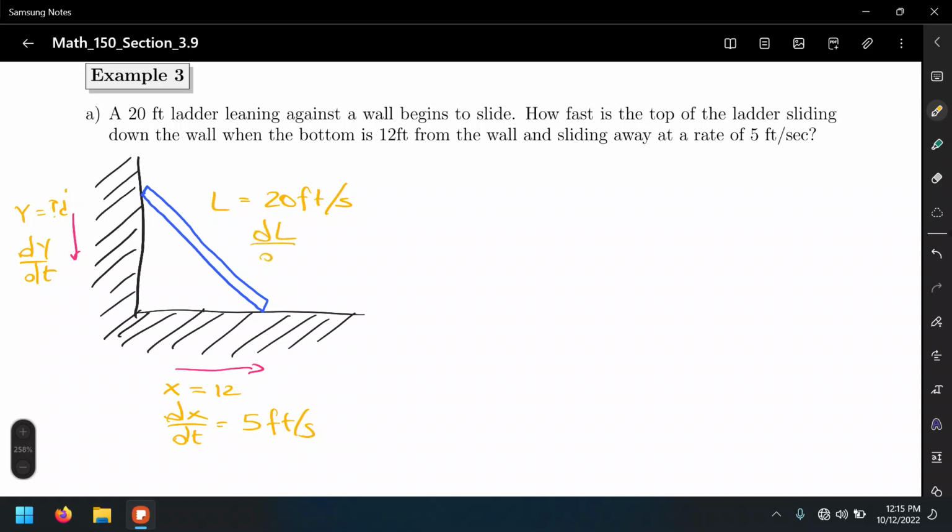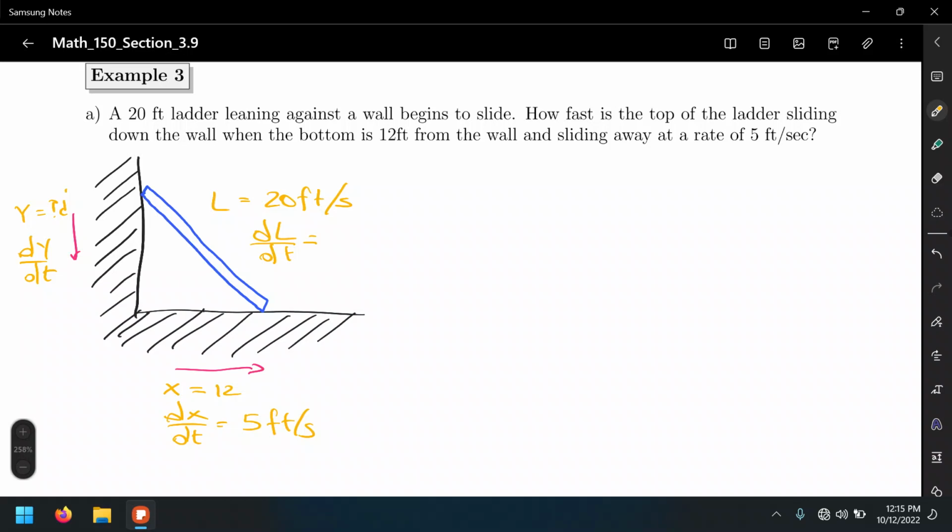What's dl dt? Any ideas on what dl dt would be? It's zero. How come it's zero, by the way? The length of the ladder. Exactly. The length of the ladder remains the same. They're telling us it's a fixed length, 20 feet long.